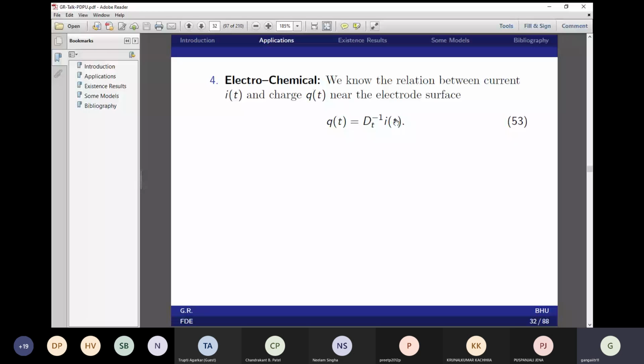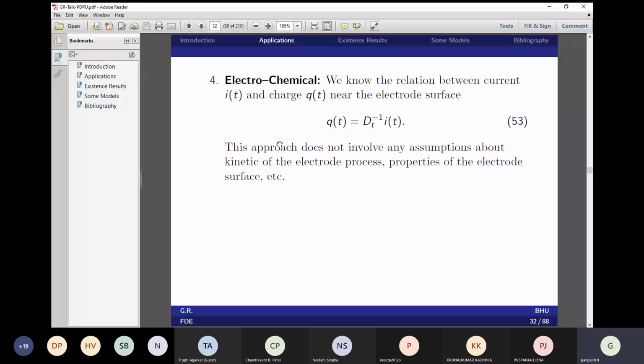Okay, this approach does not involve any assumptions about the kinetics of the electrode process, because when we calculate the current, we give the relation between the current and charge near the electrode surface.